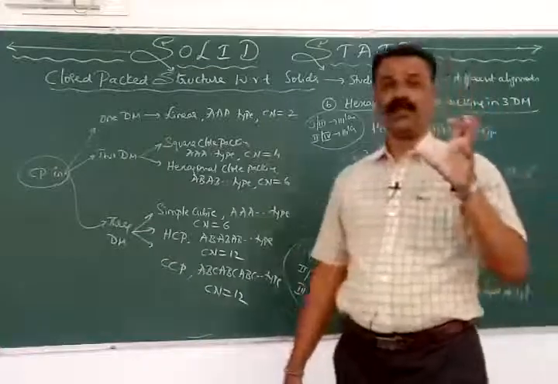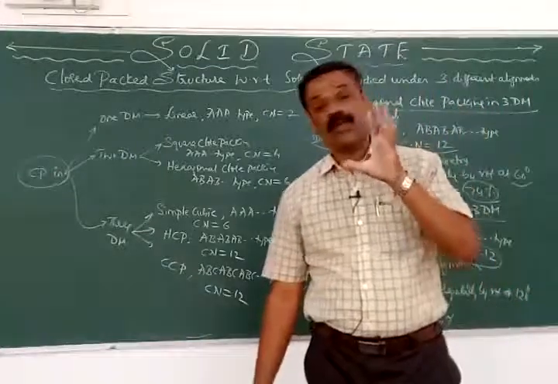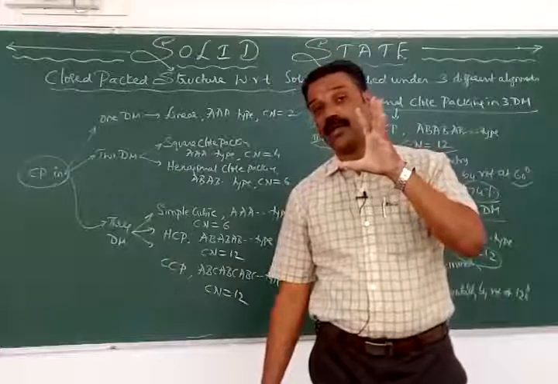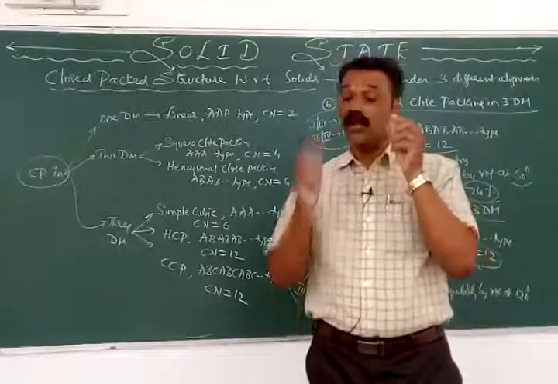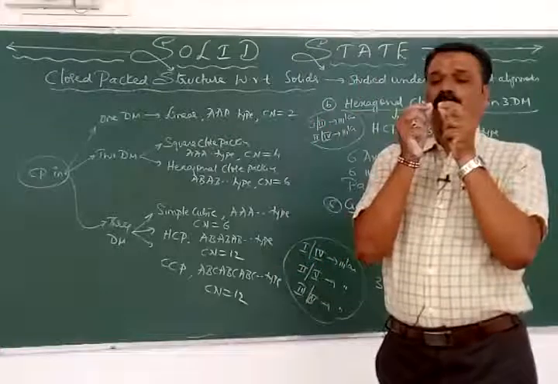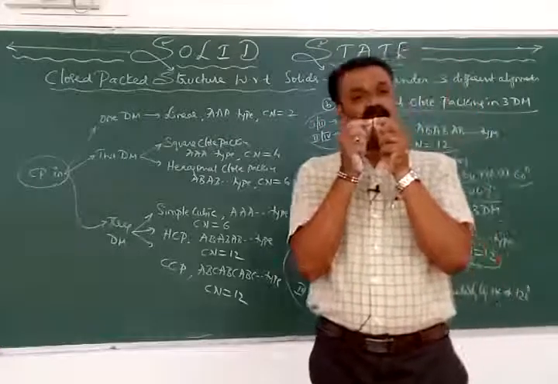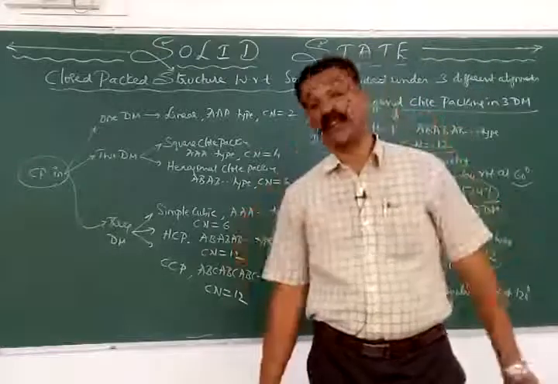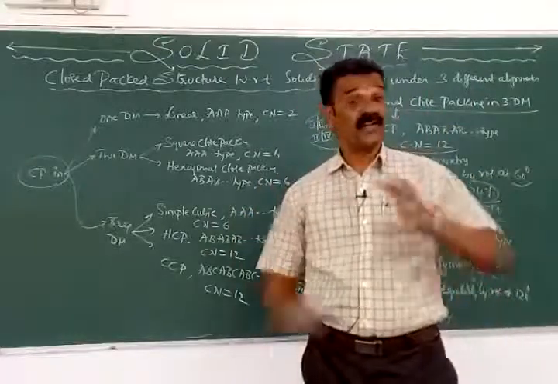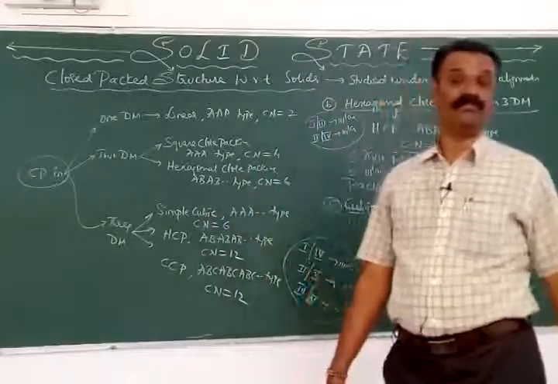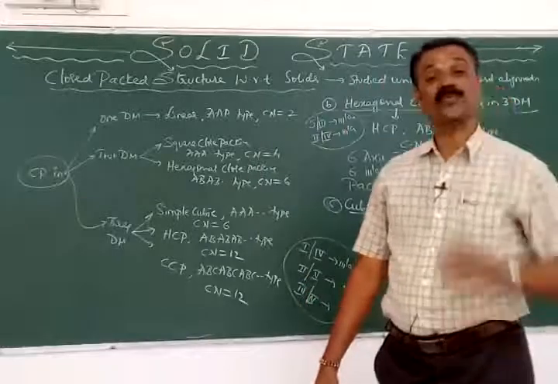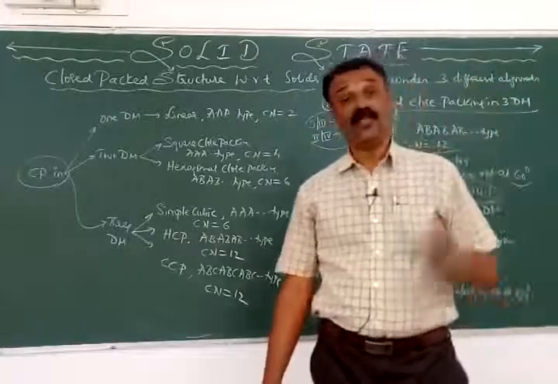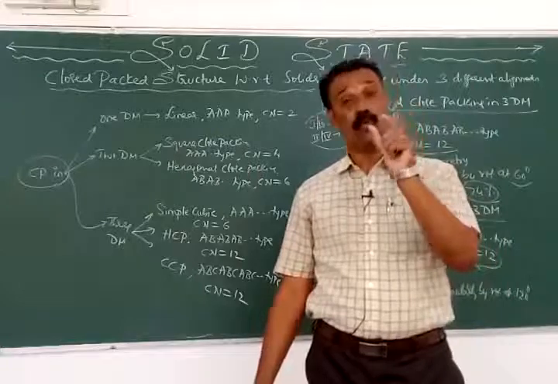Now, consider them to be spheres. When I touch two different spheres, there is some vacant space outside them, in between them. That particular vacant space we call voids.